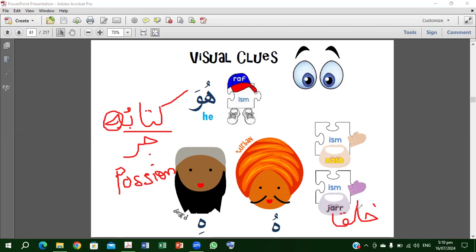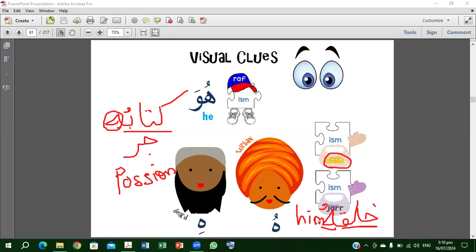If you join hu with it, it becomes khalaqahu, he created him. Because he created him, this action of creation is taking place on this pronoun. That's why they are in the status of nasab.